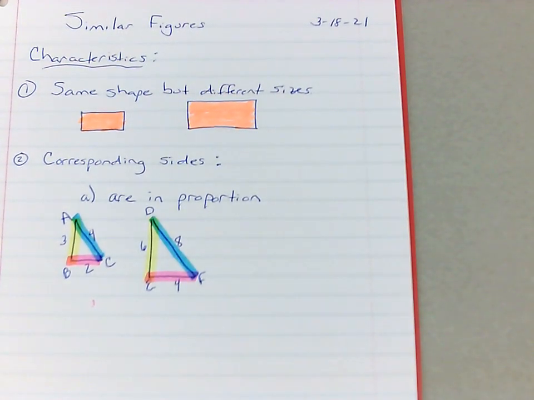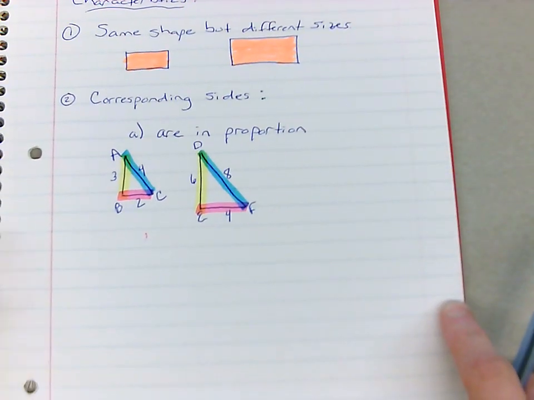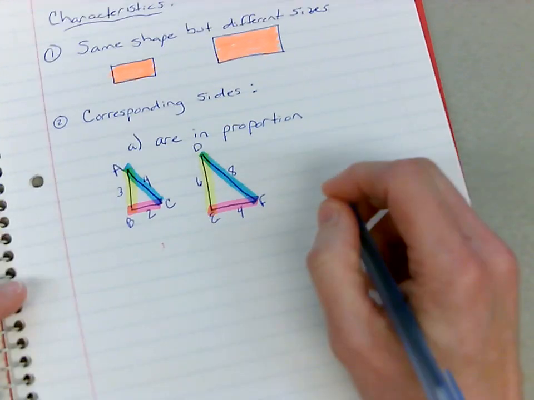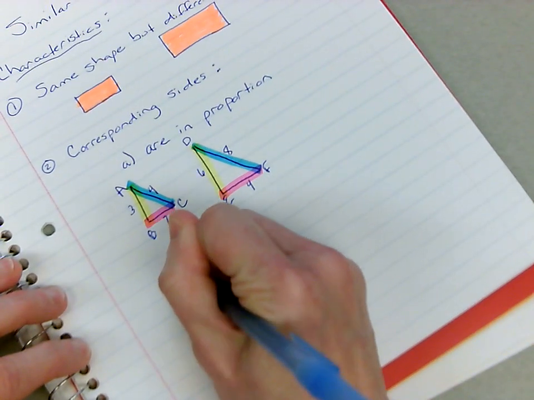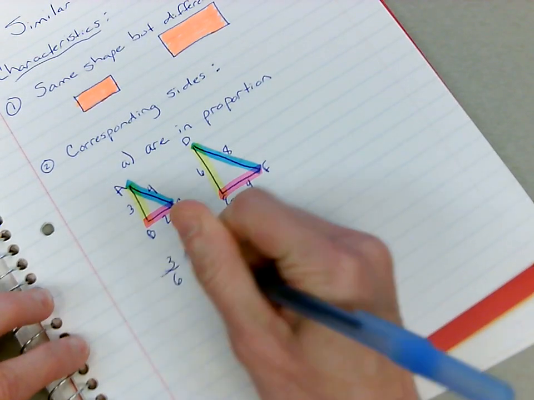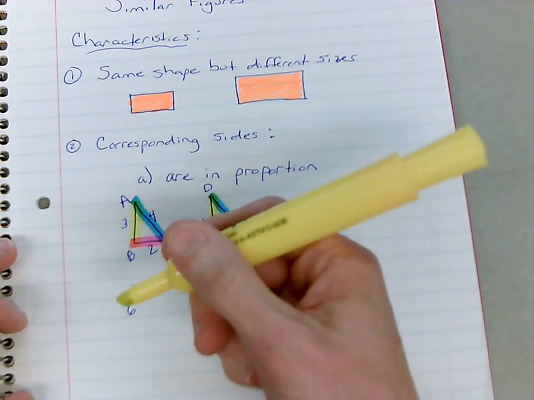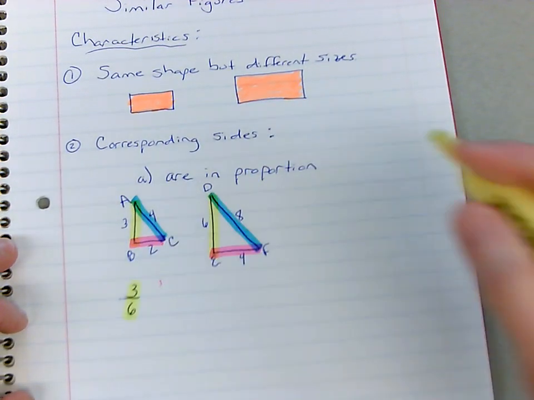Now, in proportion, what I'm going to do right now is just show these as a proportion and how they're equivalent to each other. So the side of 3 here on AB matches with the side of 6 here, DE. And I'm going to highlight that yellow. Those are my corresponding sides.